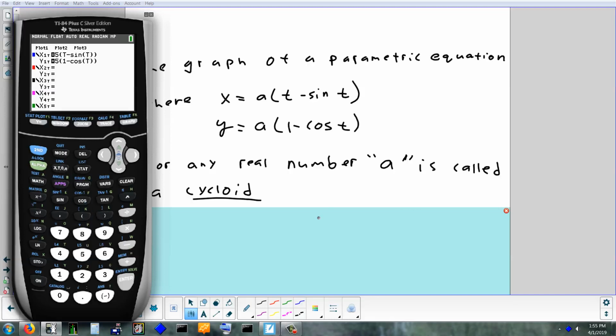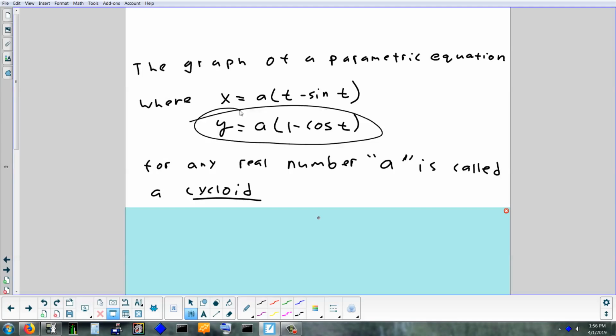Now, the bottom one is trapped. Okay? That y value, think about the largest and smallest cosine can ever go. Okay? Cosine is always between -1 and 1. So, biggest number you could have, 1 minus -1, that could be a 2.